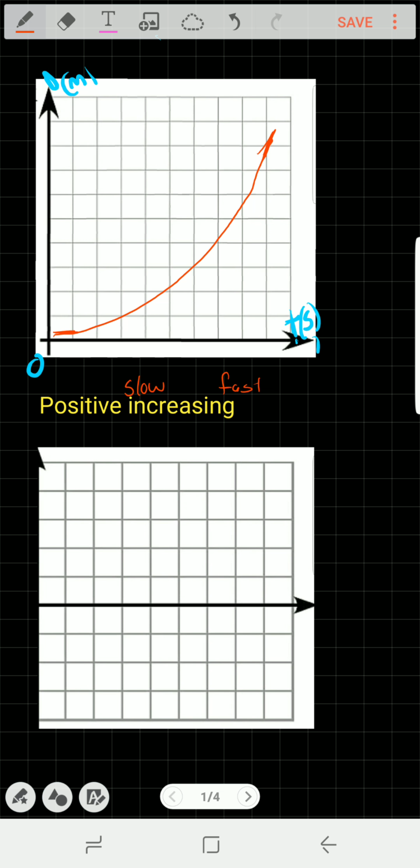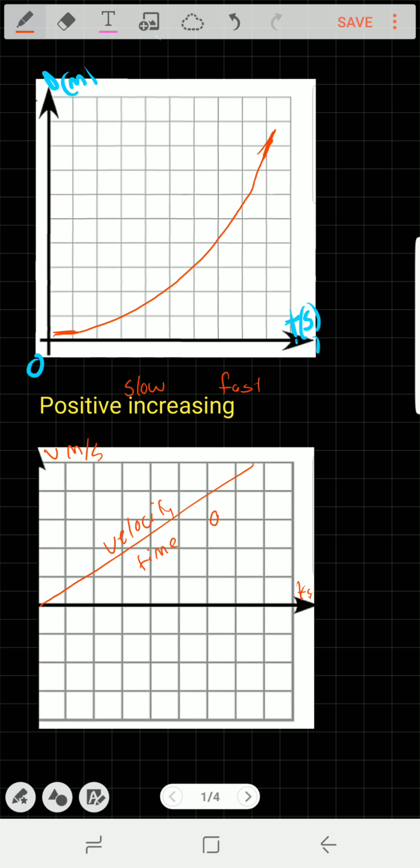Now let's go to the velocity versus time graph that we have over here. Now, this is velocity in meters per second, and this is time in seconds. So when I draw a line here, I'm going to have velocity over my time. Well, what does that equal? Well, this equals acceleration.